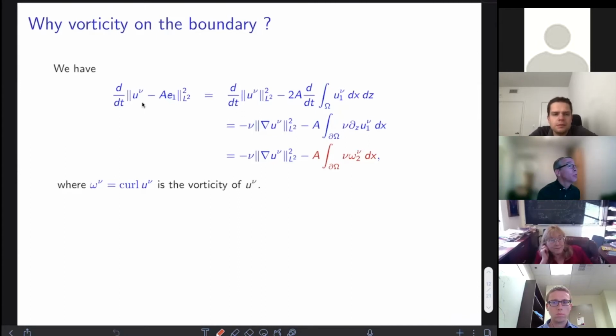Well, what you compute is u nu minus a1, squared. So this is u nu squared, a1 squared is a constant, so I don't have it, and the product 2 u nu a1. And that's why here it's a tautology, right? It's just the evolution of energy minus 2 a1 derivative of u1 dx dz.